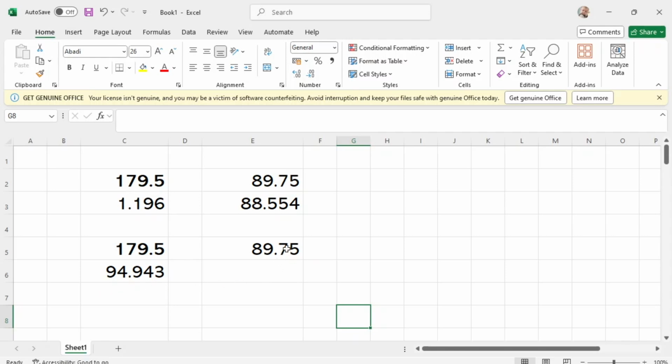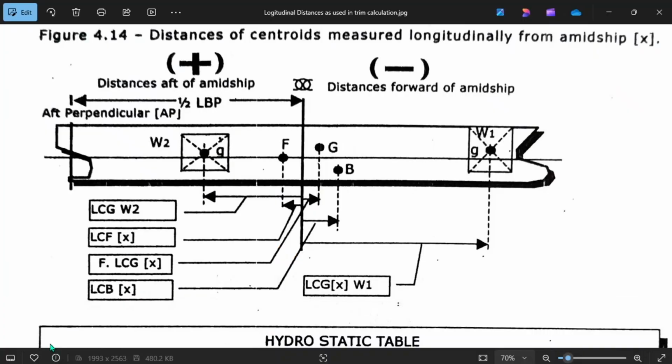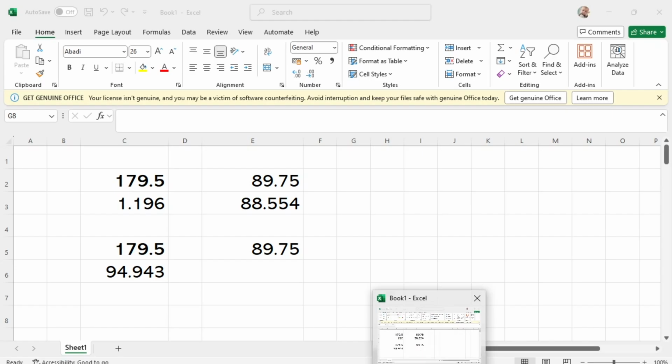So with this figure, you subtract this figure with this one, meaning 94.943. It means from your reference point going to your weight from here. Again, check the problem.